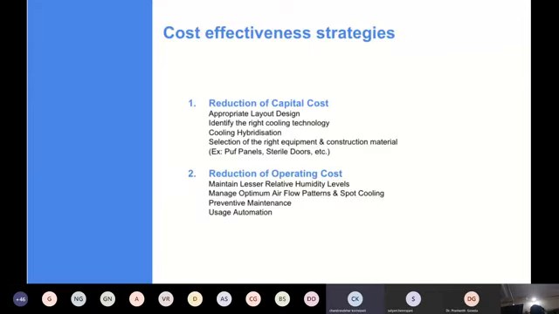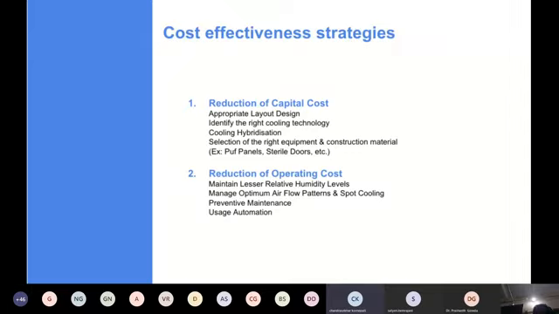Yeah, reduction of operating costs. So here, if you maintain proper RH levels, relative humidity levels, then the operational costs are reduced. Lowering the relative humidity levels leads to an increase in comfort level, and a proper air draft over people.